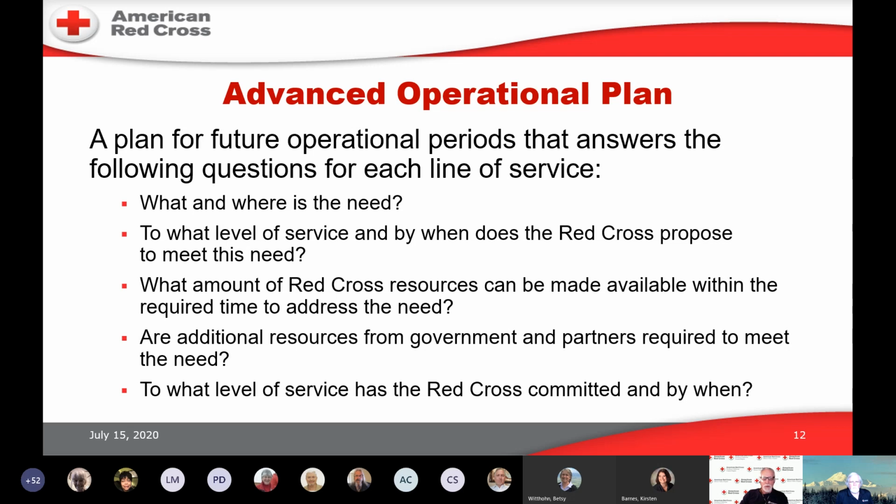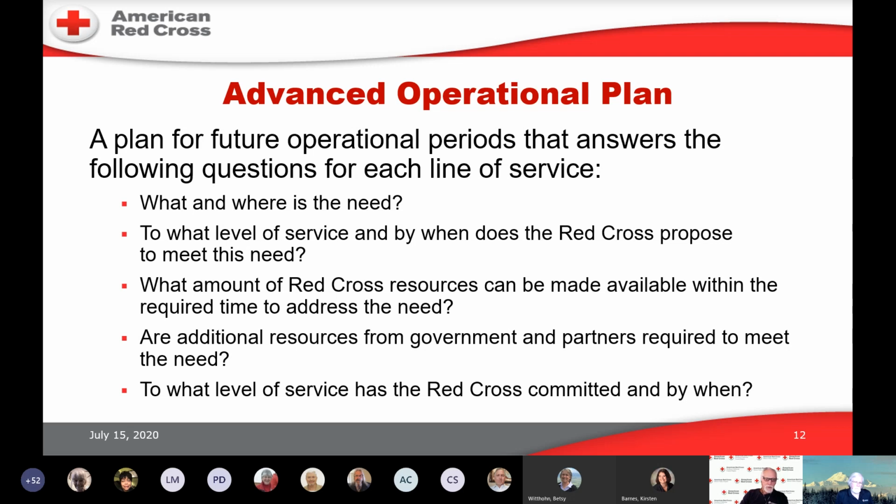The first tool for the advanced operational plan is called the Mass Care Planning Tool. And you can listen to the recording of that talk that was done a couple weeks ago, as I mentioned. You can download the tool and also the companion documents. There is a new version of the tool which is being released later this month.